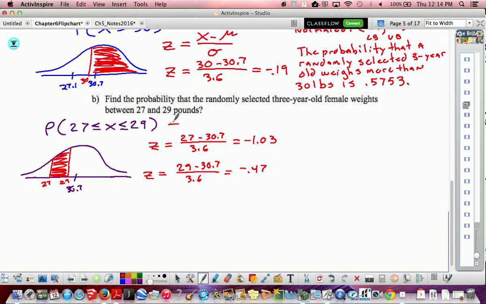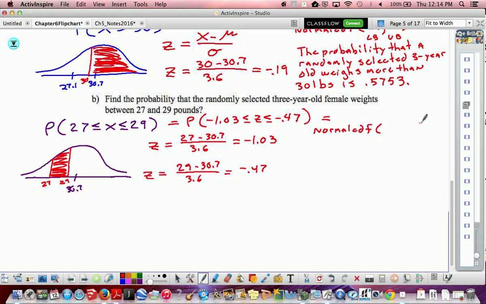So really I'm looking at the probability that my z-score is between negative 1.03 and negative 0.47. I wrote 4.2 for some reason. I think it ended in the 2 repeating. So, normal CDF.